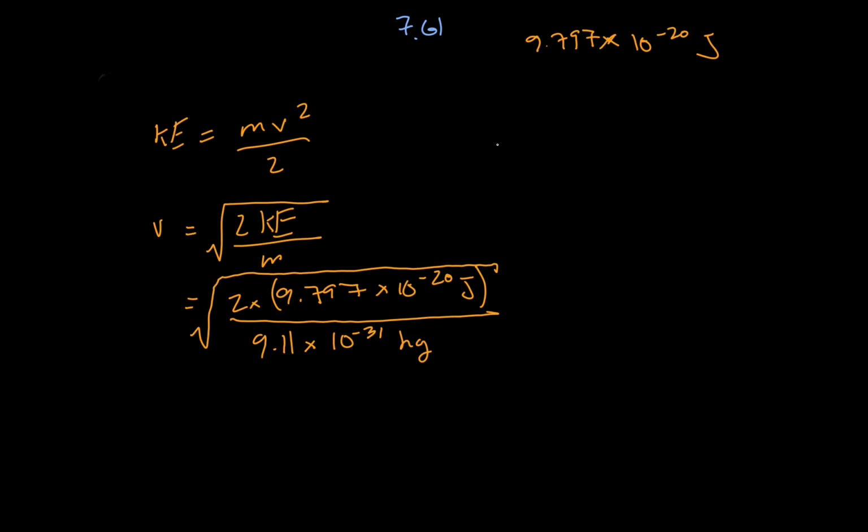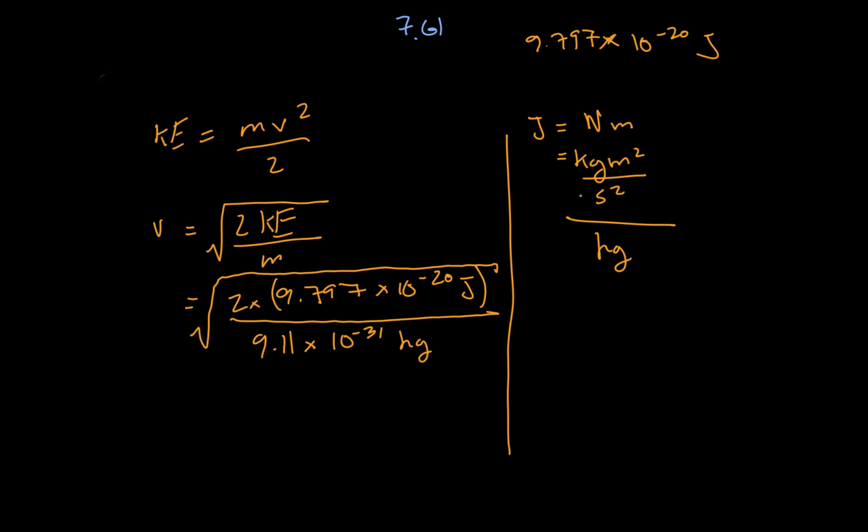So let's do some dimensional analysis over here to confirm that this is going to work out. So 1 joule is equal to a Newton meter, right, and that is equal to kilogram meters squared per second squared. So that joule is over top of the kilogram. So we see this is over top of a kilogram in the question.